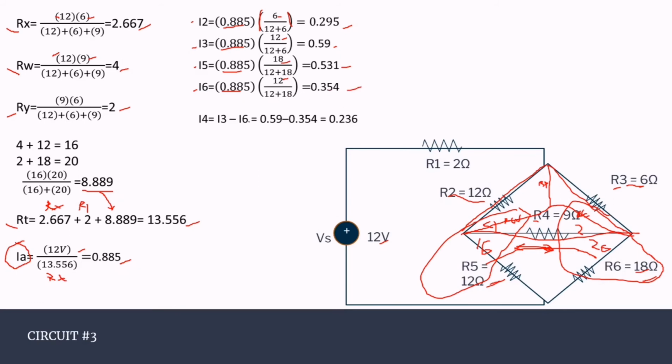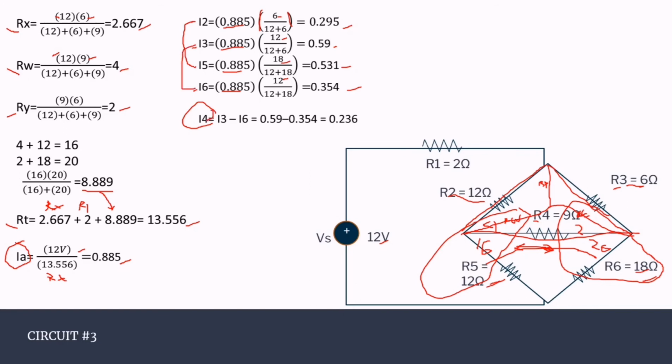0.354. To get our I4, we will get the side that has a positive discrepancy. So discrepancy is when they are minus, the difference or the answer is positive. So we have I2 and I5 and I3 for R6.